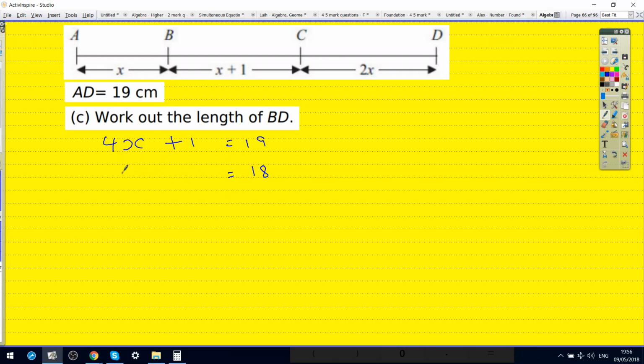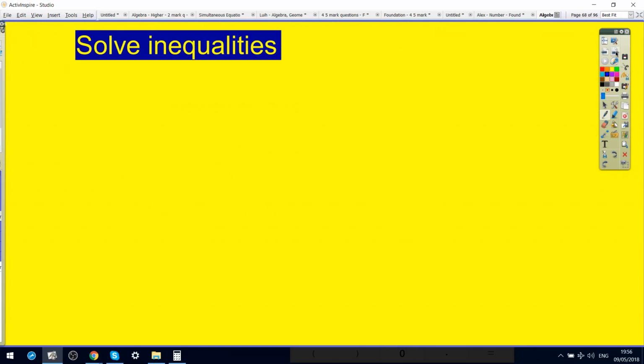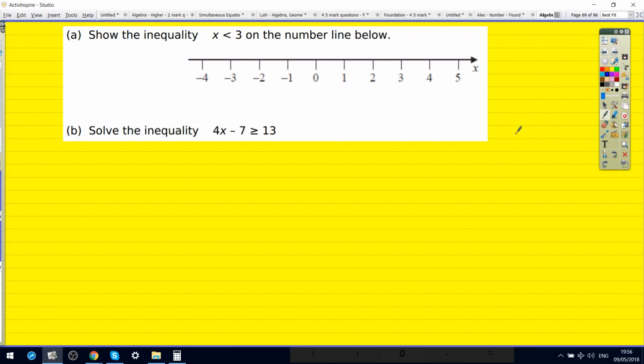So yeah, 18 divided by 4, that would be 4.5. That's it. Okay, so the trick there is when you add them up, you get 4x plus 1, and so 4x plus 1 equals 19. And then it's straightforward.